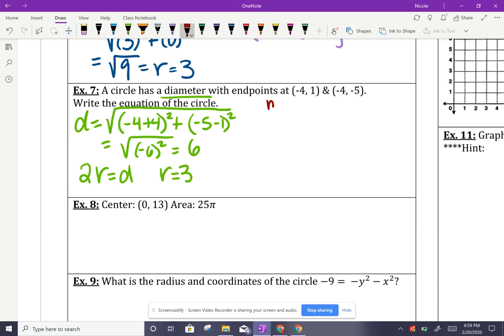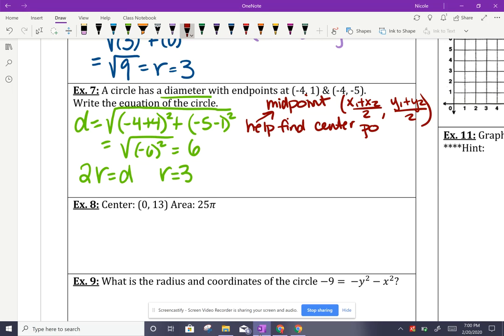So remember, midpoint is x1 plus x2 over 2, y1 plus y2 over 2. This will help us. So I'm still going to use the 2 points that were given for our diameter.